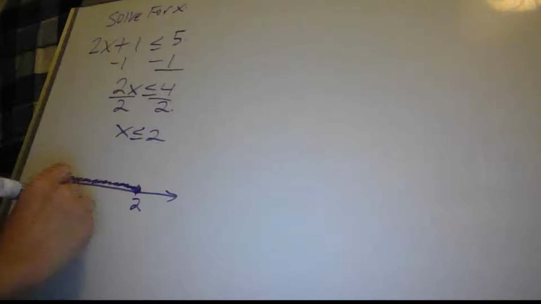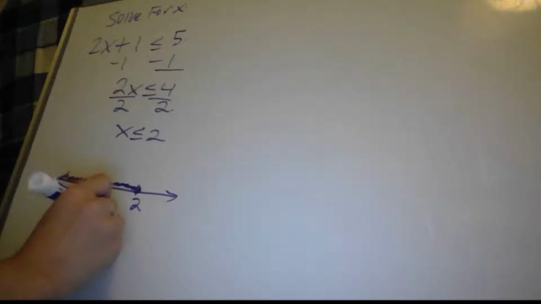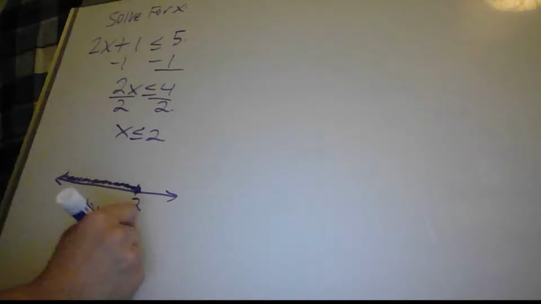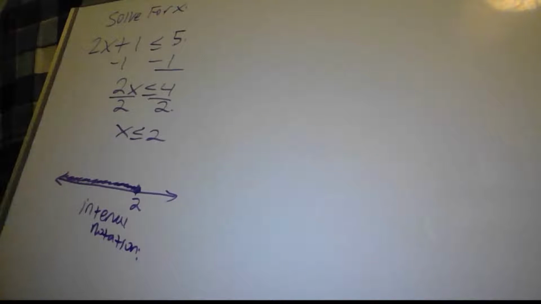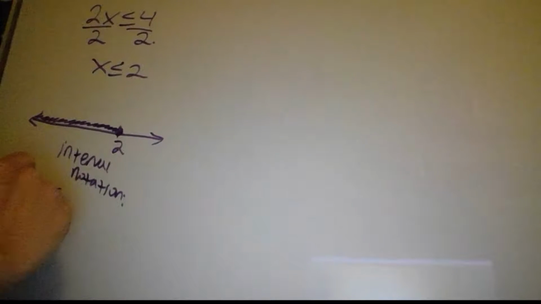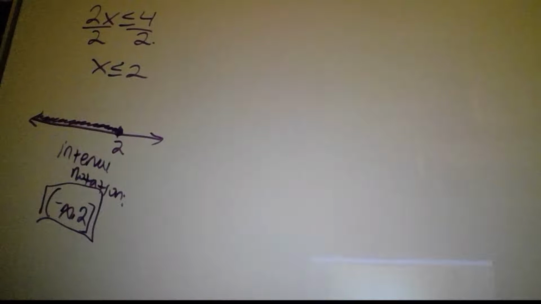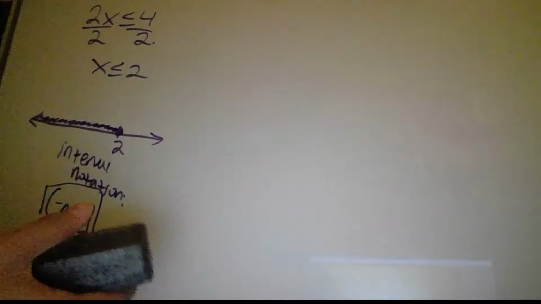Now, if they ask you to do it in interval notation, it would be from negative infinity to 2, right? Notice that infinity and negative infinity always have parentheses no matter what, okay?